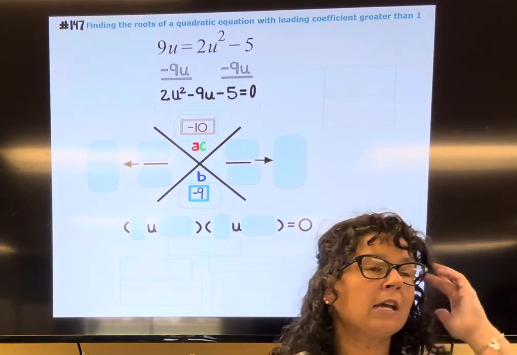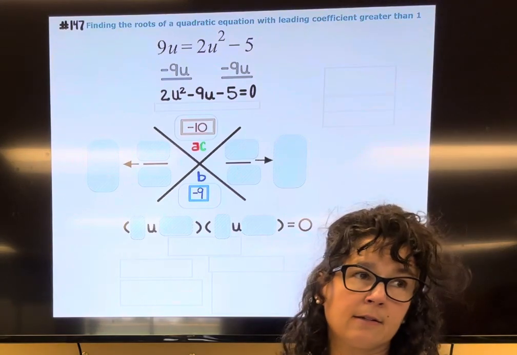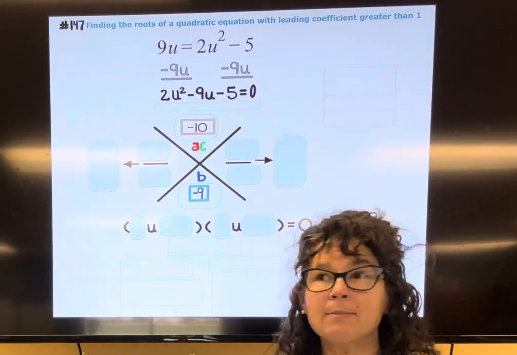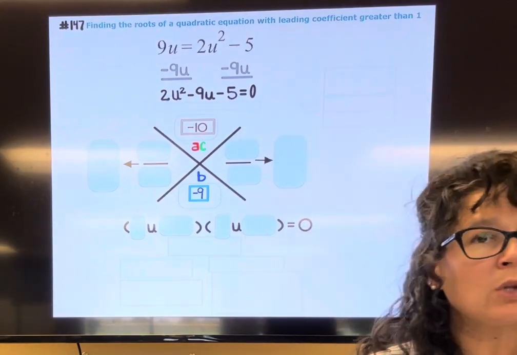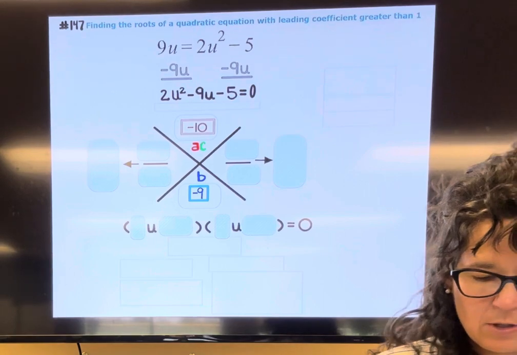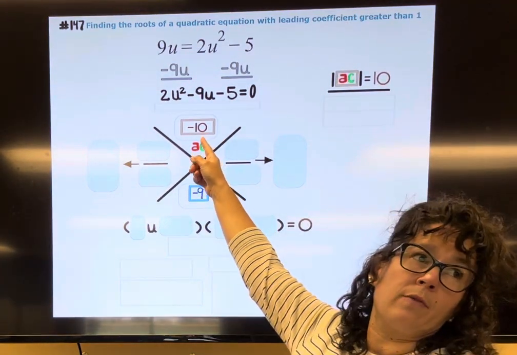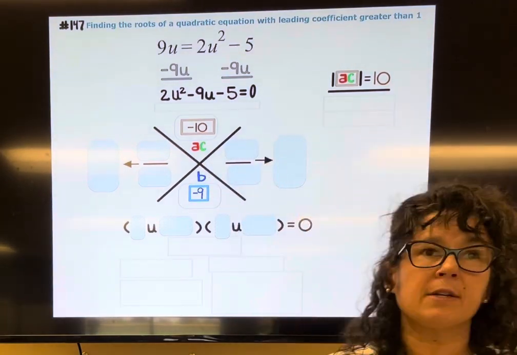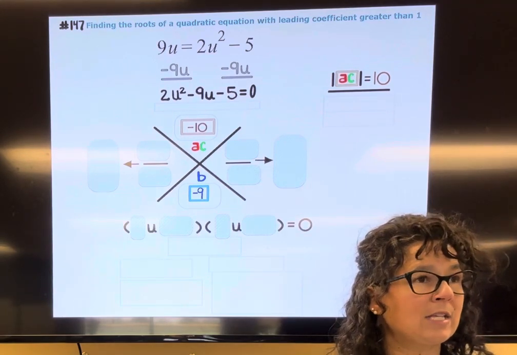Next, I want to think of two numbers that multiply together to get negative 10, but when you add them, you get negative 9. Sometimes you think of those numbers right away, and sometimes you need to do a little bit of brainstorming. So to brainstorm, you take the absolute value of this number, so the absolute value of negative 10 is positive 10, and then you just jot down all the factors of 10.